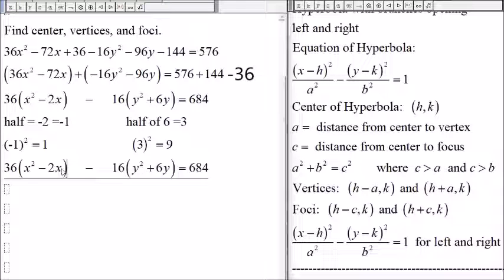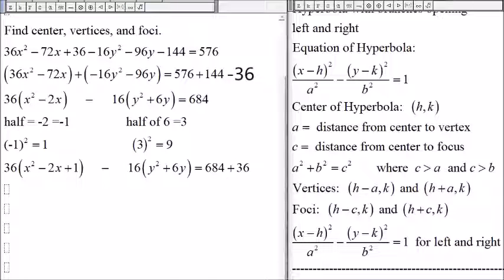So we'll add 1. Now, when we inserted the 1 here, then we added 36 times 1 to the left side. So we need to add 36 to the right side. And now we need to insert the 9 in here.